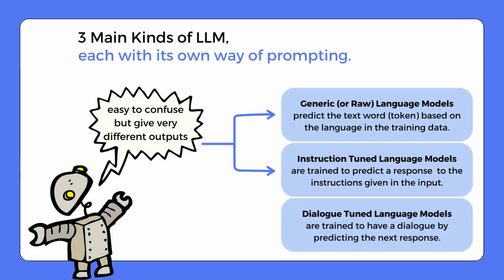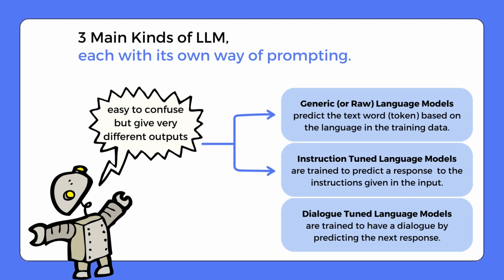There are three main types of LLMs: generic, instruction tuned, and dialogue tuned. Each of these models requires its unique style of prompting. Generic language models work like your phone's autocomplete, predicting the next word based on the training data's linguistic patterns. Instruction tuned models, on the other hand, are responsive to specific directives.